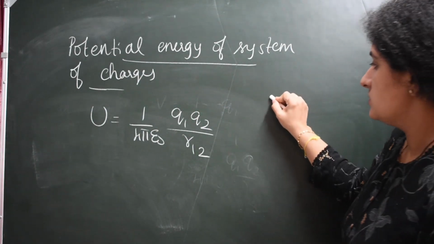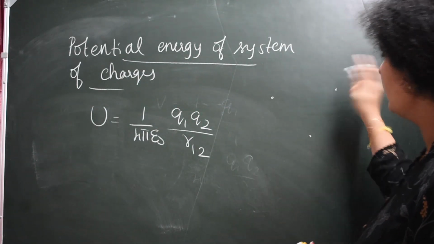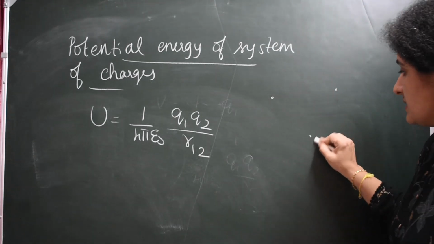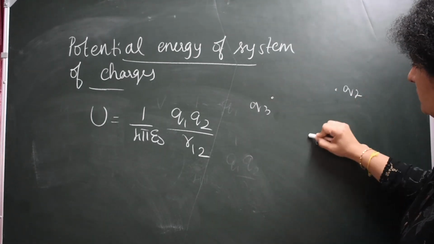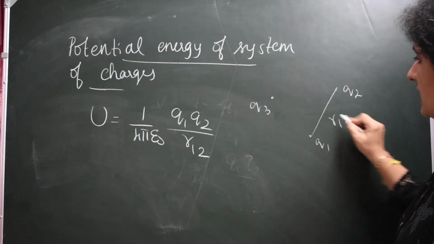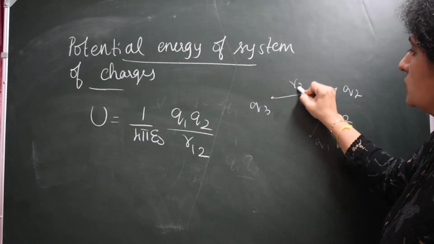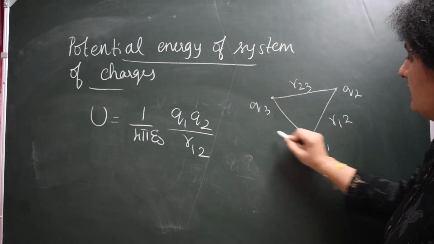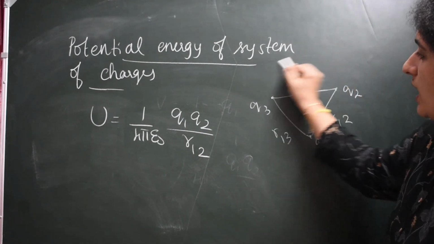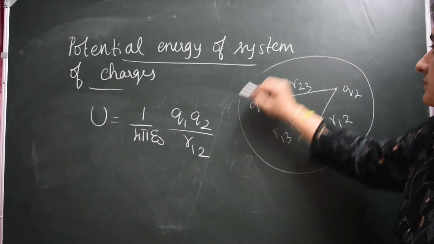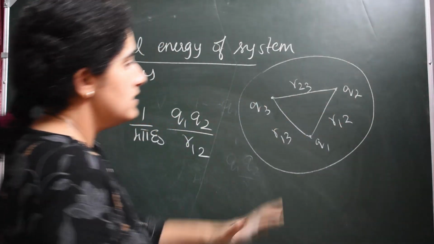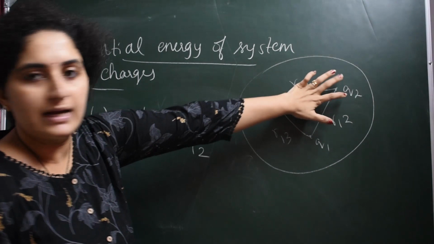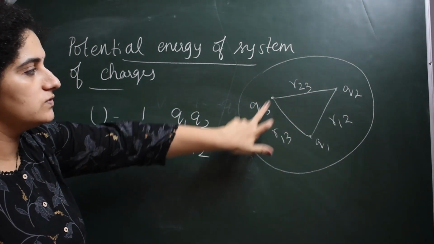If I have three charges, say this is Q1, Q2, this is R12, this is R23, this is R13. First we have done it for Q1 and Q2, now we bring Q3 here.